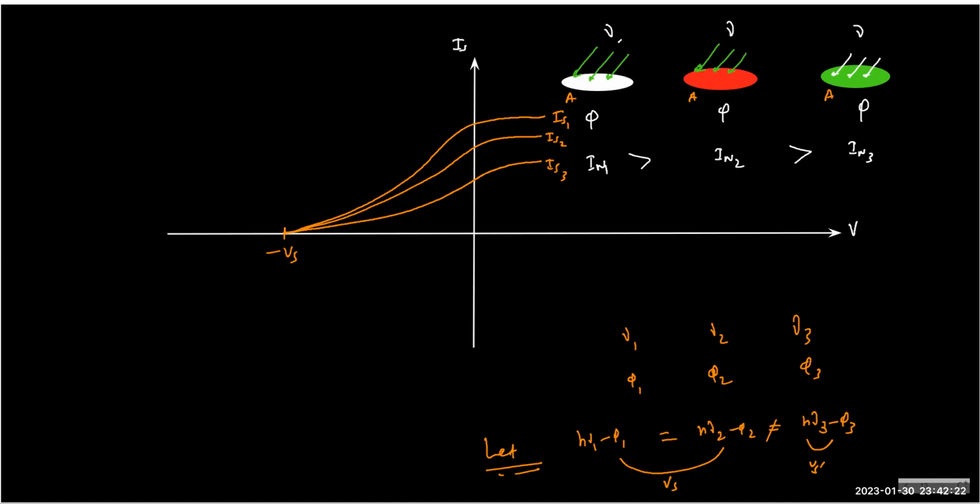Yes, sir. And then depending on the value, you have to actually check. In J Advanced, you have to check the h nu minus phi value to come to conclusion. So same frequency is not the criteria. What is the same? Stopping potential represents the same kinetic energy, right? The K max value.